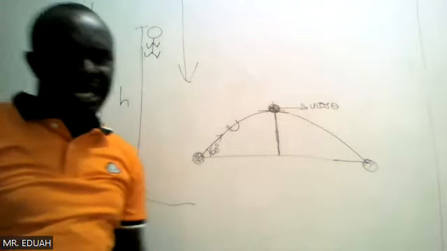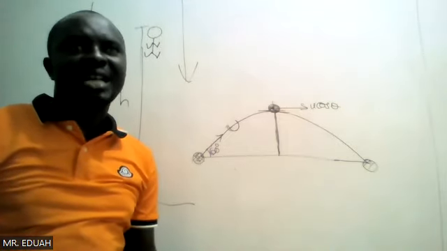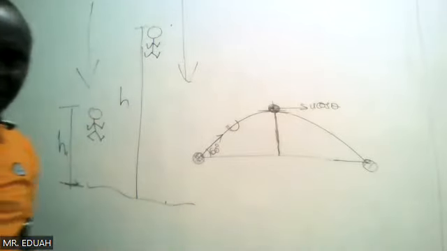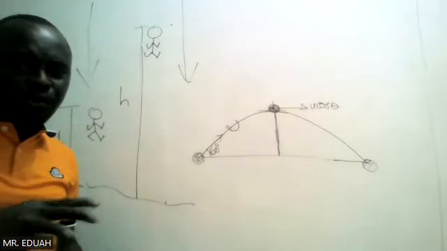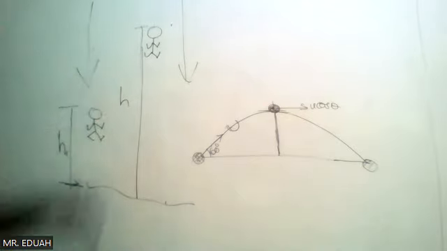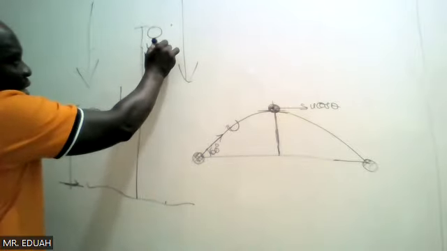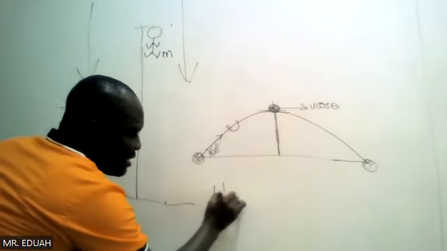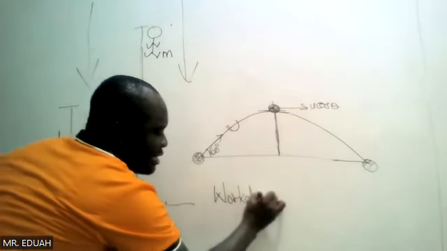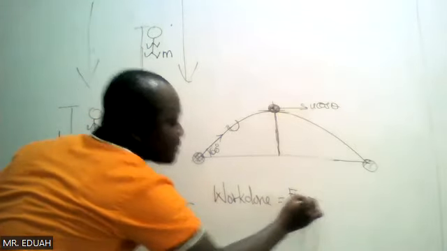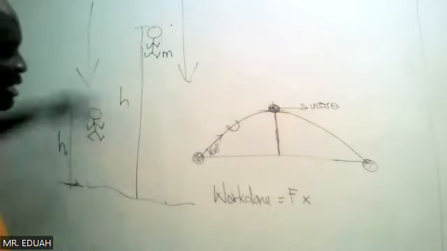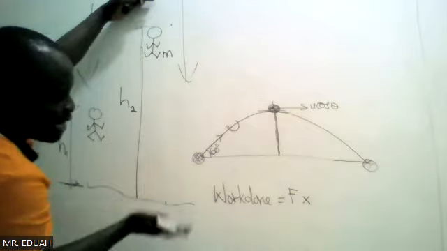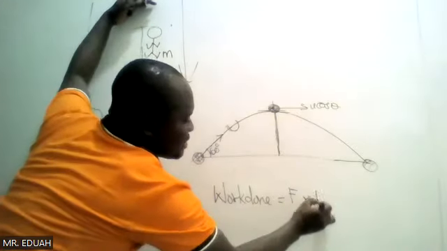And gravitational potential energy is the work done in moving a body from one point to another point. That is what it means. So if Aqua has a mass m, the work done by Aqua is equal to force times distance. The distance here is the height, this is h2. So for Aqua, work done is force times h2.